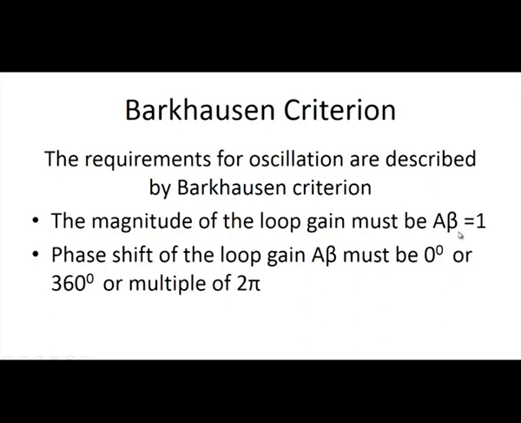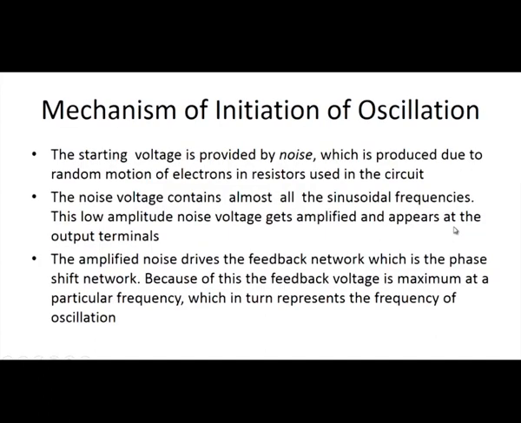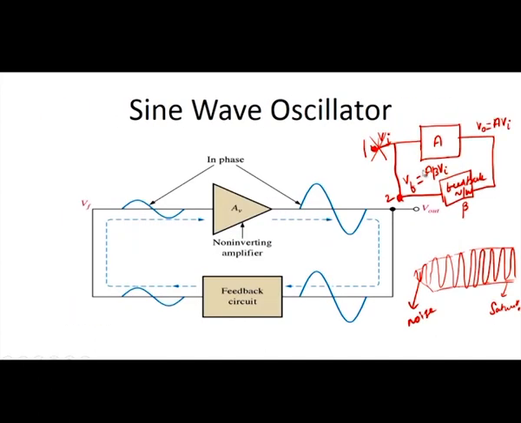Because of these reasons, A beta will not be exactly equal to 1; it may be less than 1. If it is less than 1, the feedback signal will be reduced, and finally the oscillation will die off. So we have to make A beta at least equal to 1 or greater than 1, and only then will we get sustained oscillations at the output of an oscillator.